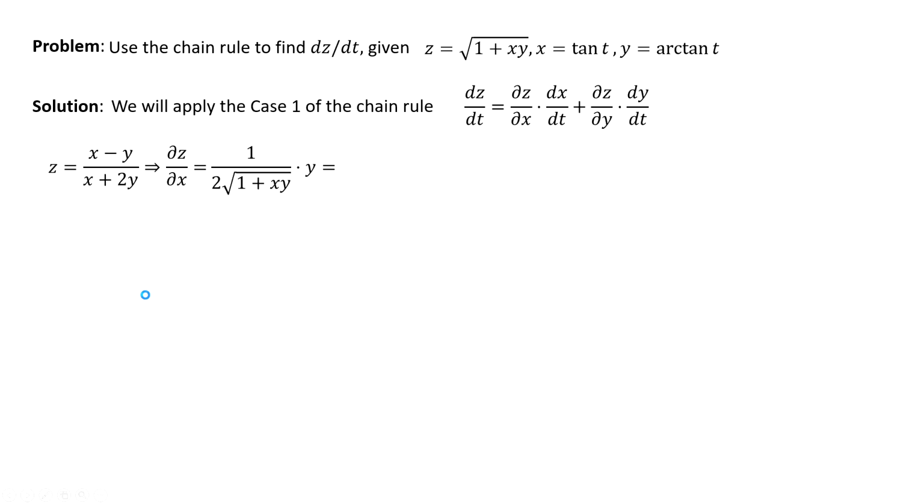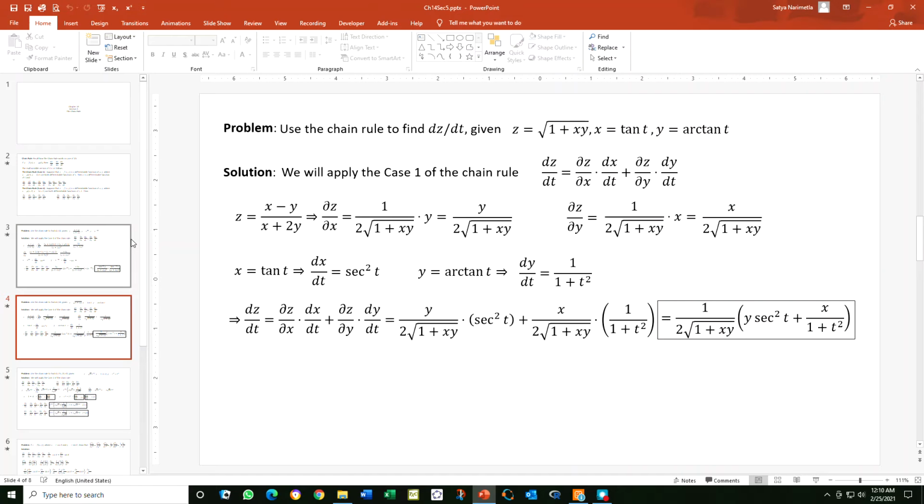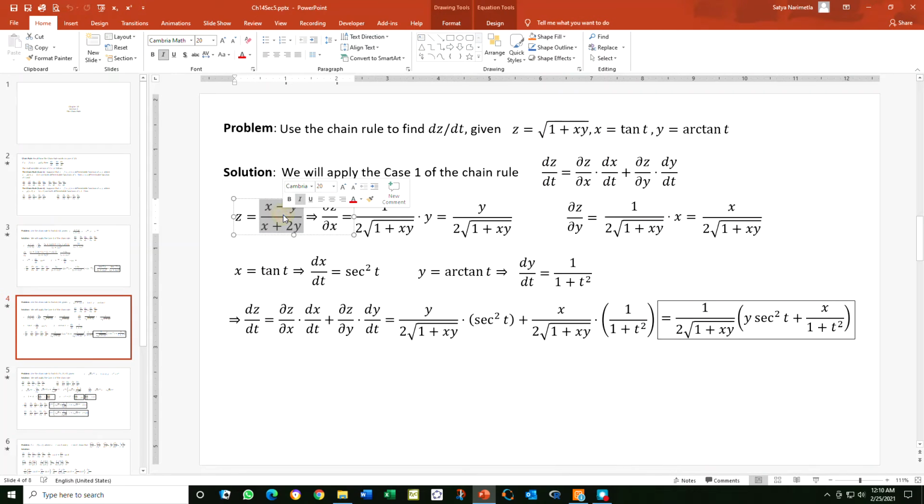What? Ah, see, this is what happens when you copy. When I was making this slide, I copied the previous slide and changed things that I needed to change. Z is not equal to this.